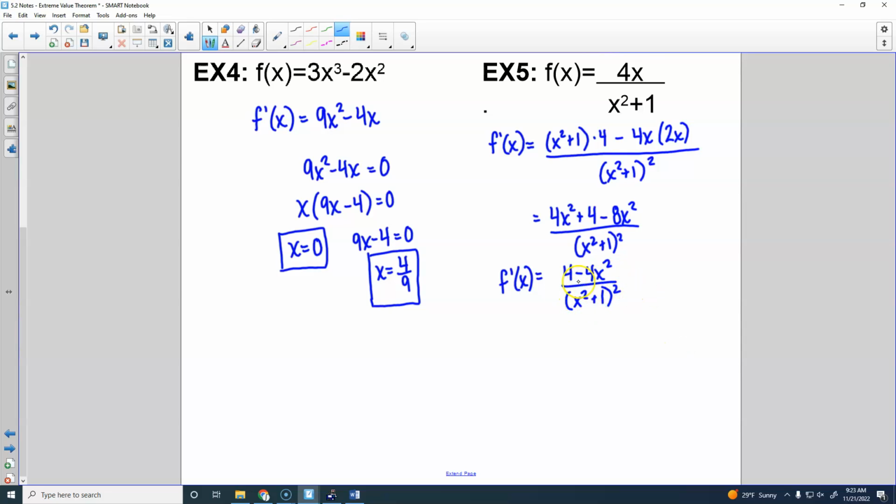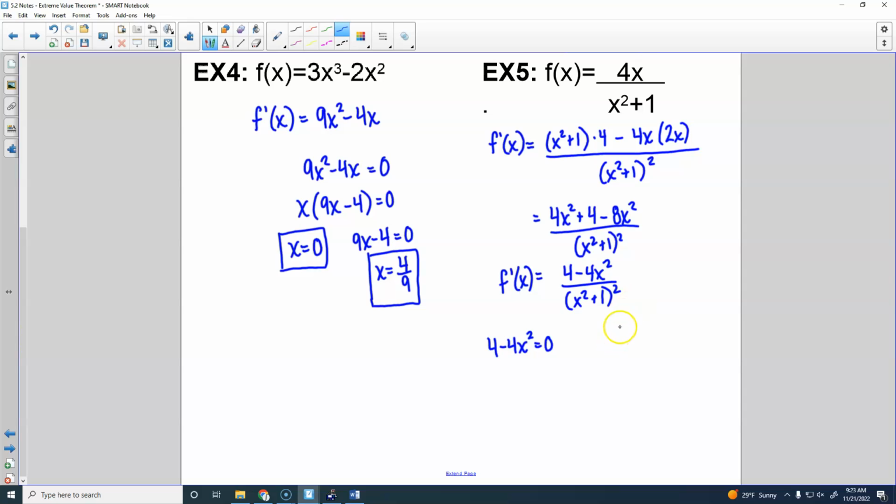If this equals 0, the numerator will equal 0, right? If this is undefined, the denominator will equal 0. So whenever you have a derivative that is a fraction, you want to set your numerator equal to 0. This will check to see where your derivative equals 0.